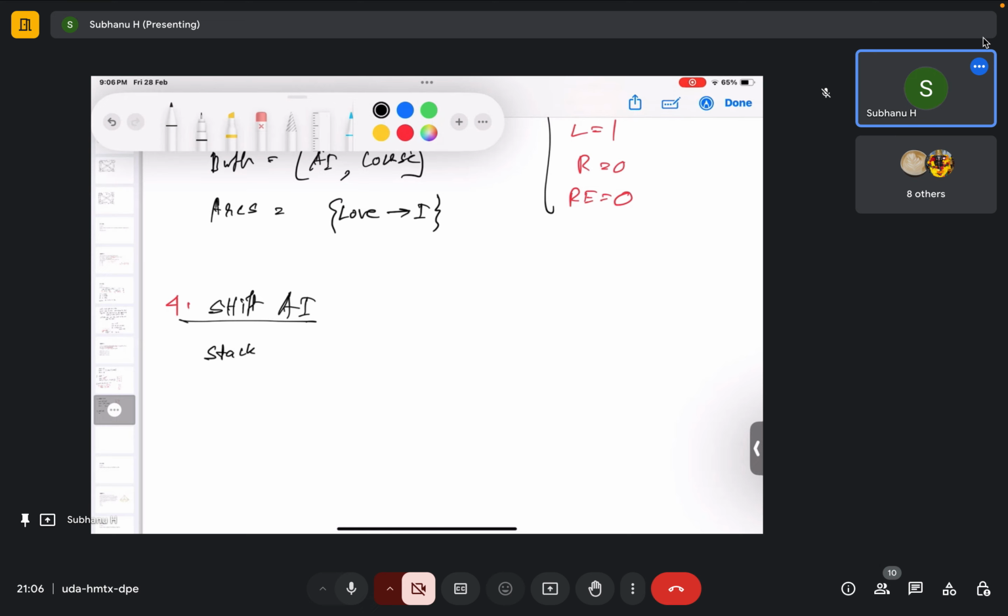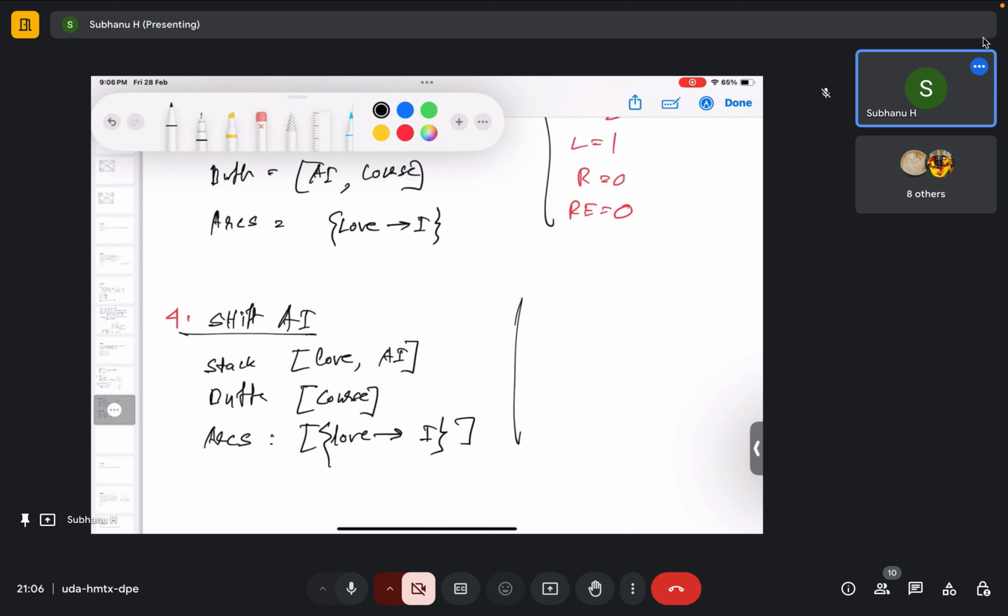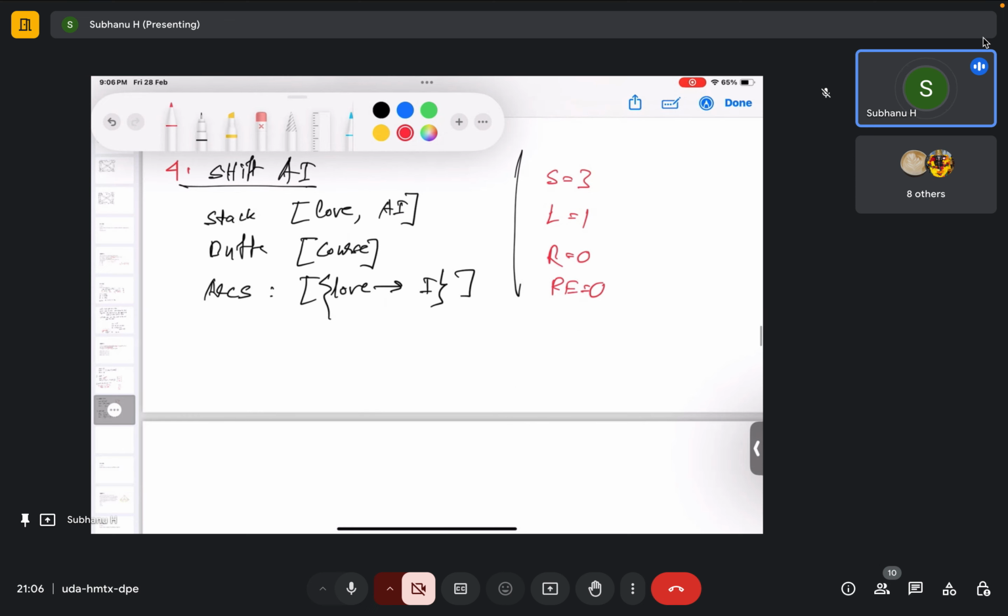So in my stack I have love and AI. Then what I have to do is a left arc.